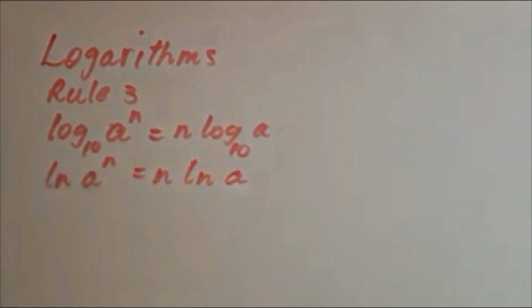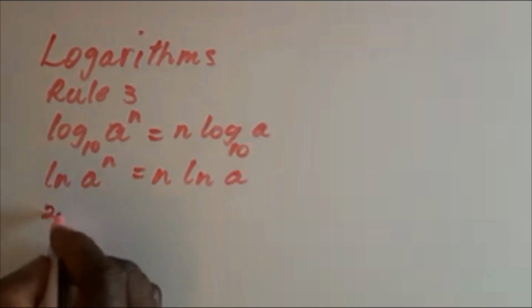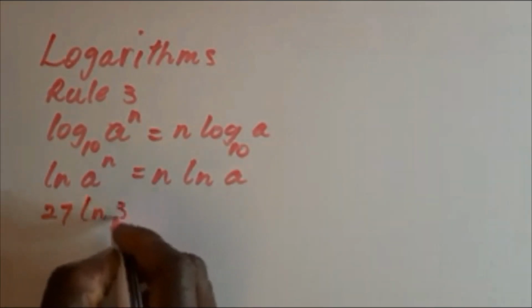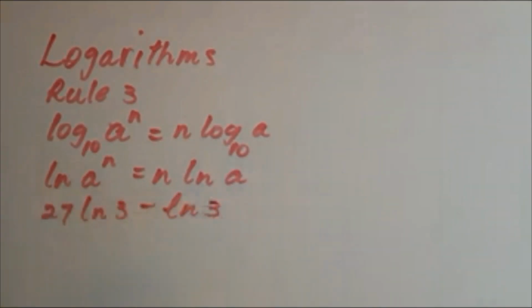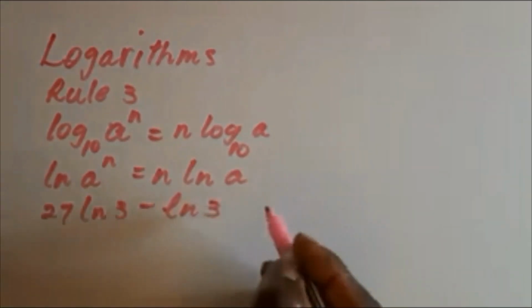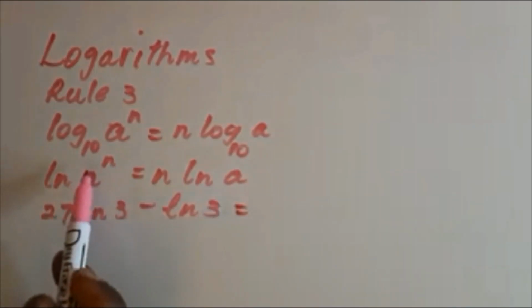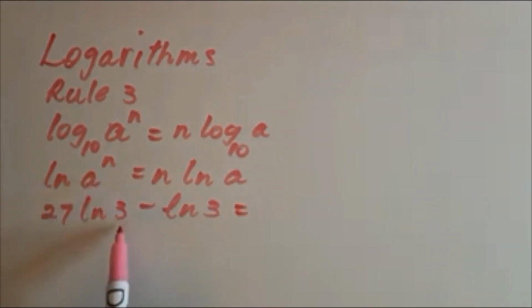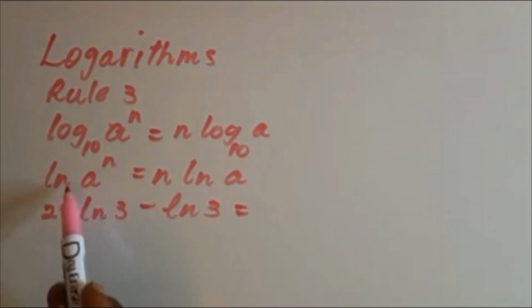Let's look at example 2. We have 27 ln 3 minus ln 3. How do we simplify this? Well, if we use this rule here, so we have it in this form, which is the right hand side, and we want to move back to a simplified form.